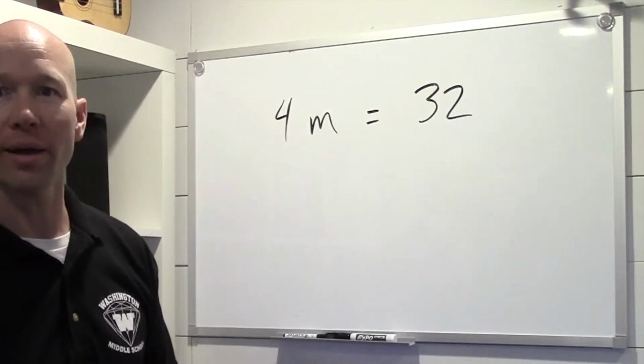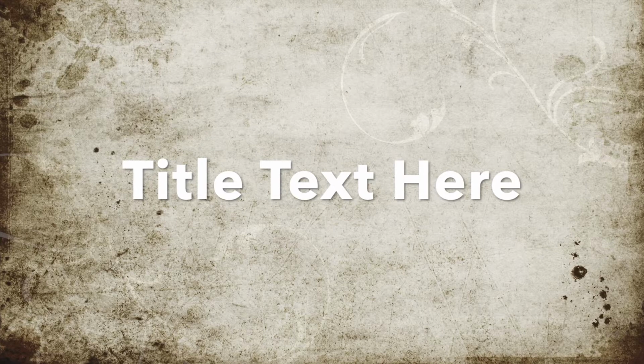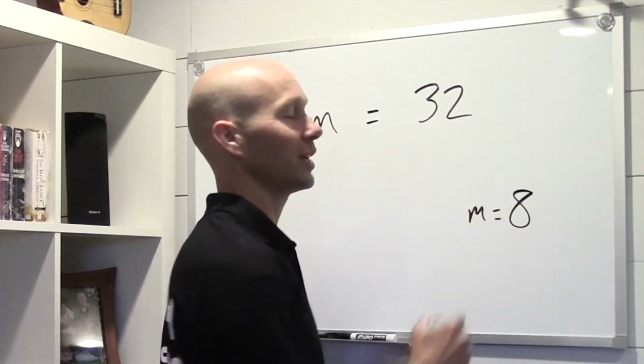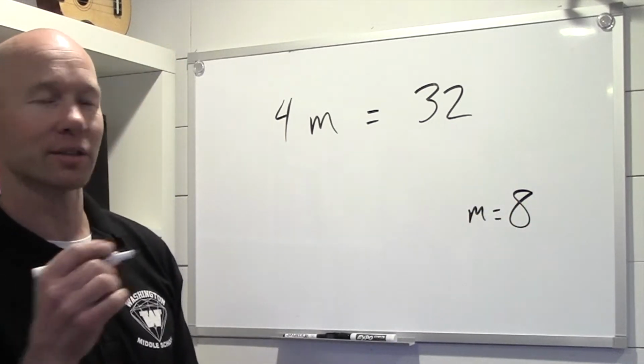Now we're not going to draw it all out this time. Go ahead and do this on your own. m equals 8. If you got m equals 8, you can just fast forward to the next section.